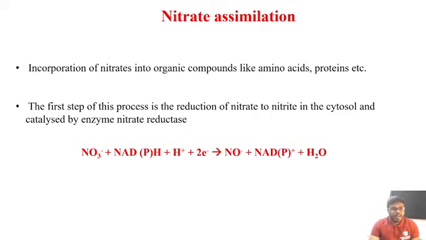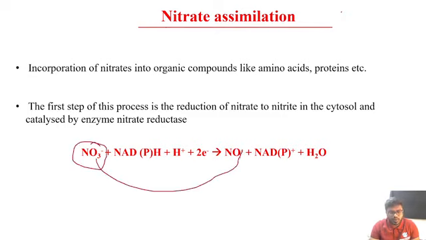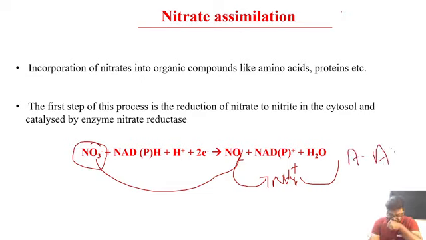Pay attention. Nitrate assimilation. See, what you have to understand by the word nitrate assimilation, where we are converting NO3 to NO2. Later, NO2 we will convert into NH4 plus. Later, finally we will convert it into amino acid.